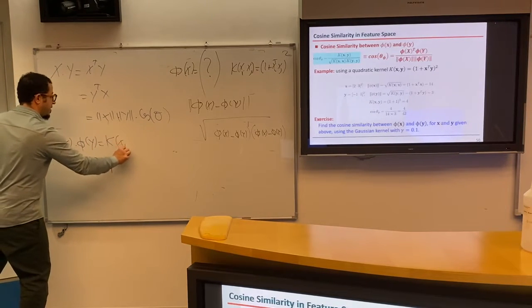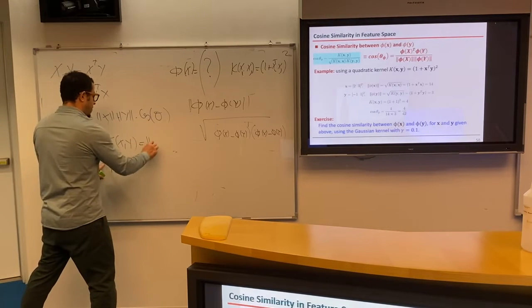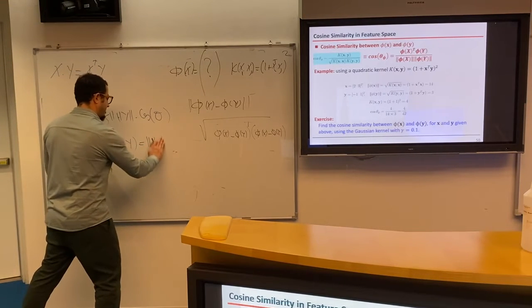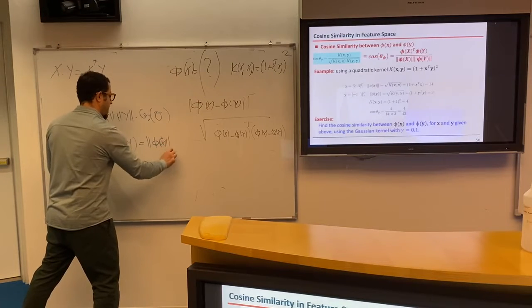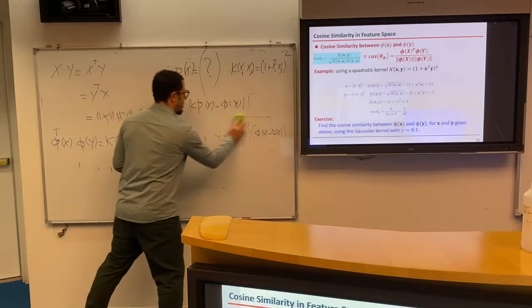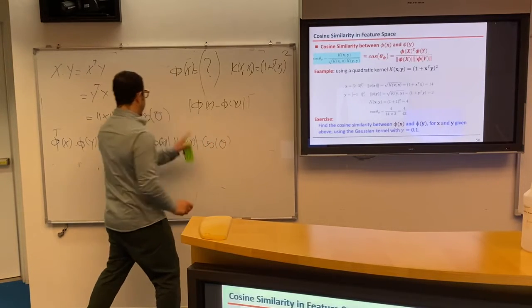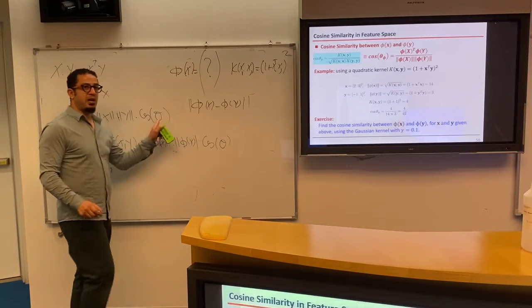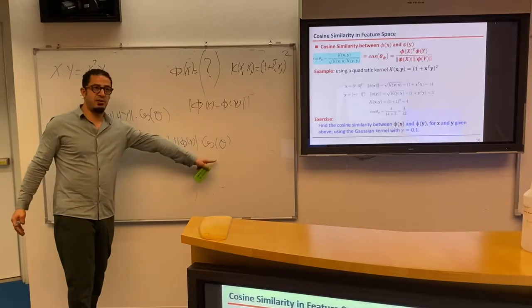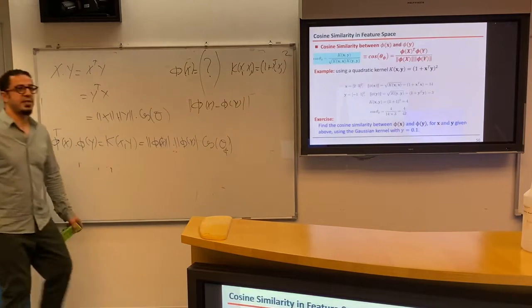It's kernel xy, yes or no? Equals to what, please, here? The modulo of phi of x, yes? Times the modulo of phi of y times cosine, yes? But the angle here and the angle here are not the same. The angle here is in the old space and the angle here is in the new space. I can put it like this to make a difference between them.